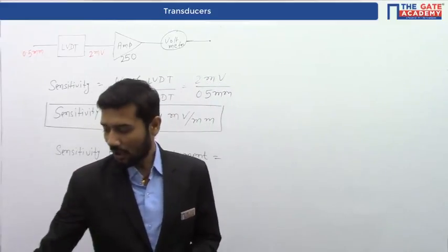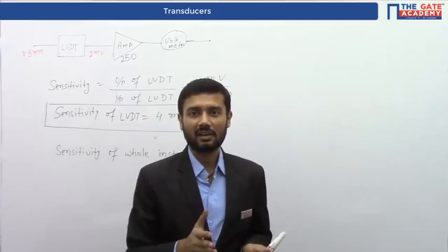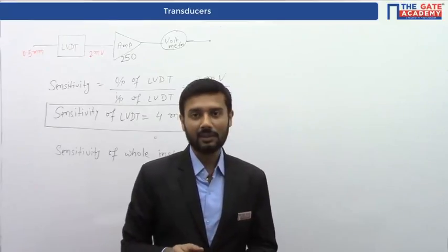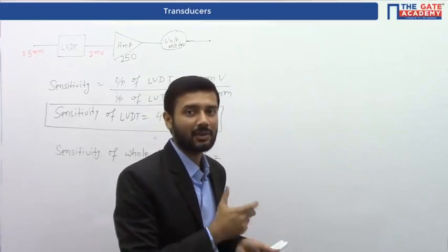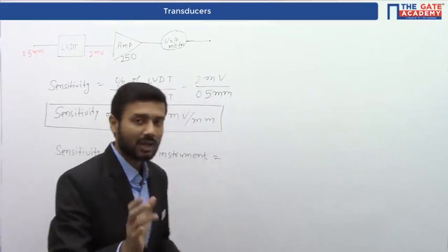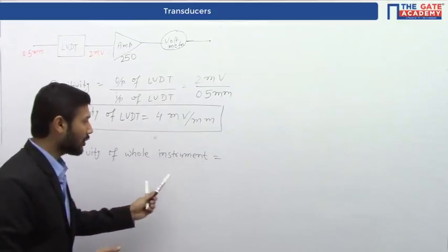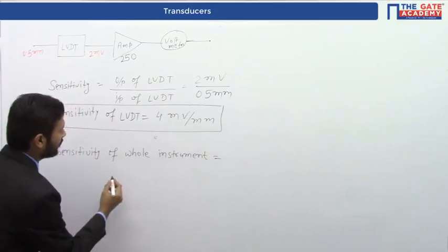Actually, the sensitivity is like gain in a control system. So the sensitivity of this amplifier is 250, meaning the amplification factor is 250.